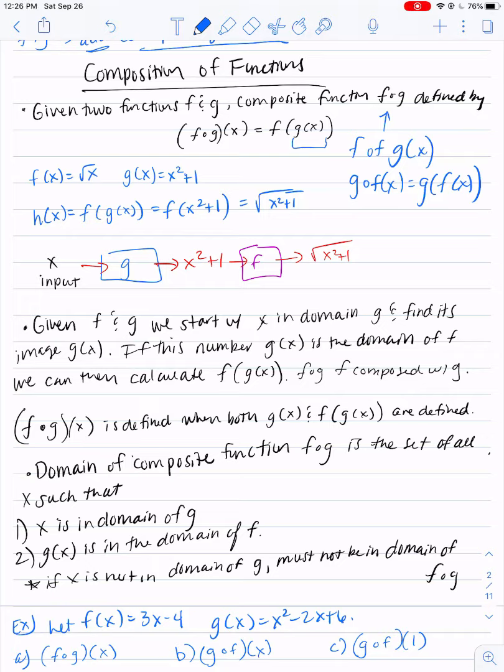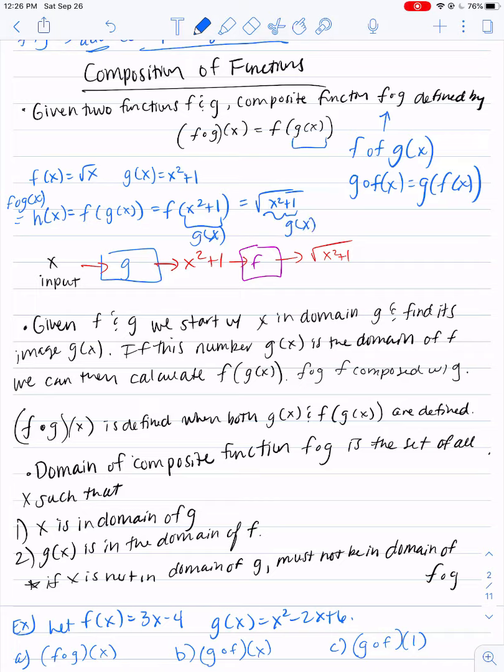So for example, we have f of x equals square root x, and g of x equals x squared plus 1. If we have h of x equal to f of g of x, that's going to be f of g of x equals f, and then we're plugging in our g of x, which is x squared plus 1. And so we have square root of x squared plus 1.